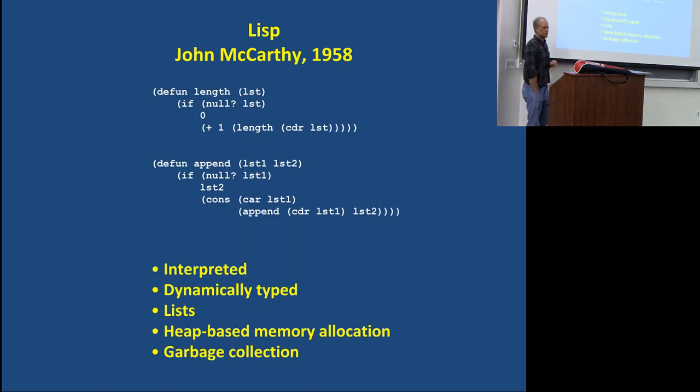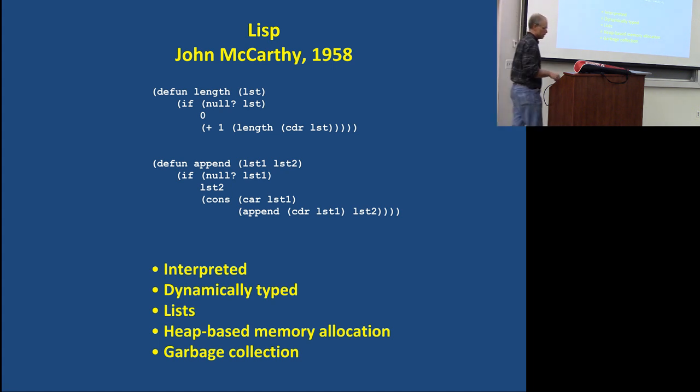Okay, another language that was invented at almost the same time. John McCarthy, who was an AI researcher first at MIT and then at Stanford, invented a language called Lisp, which for decades was the language that AI researchers used. It could not look any more different from Fortran.